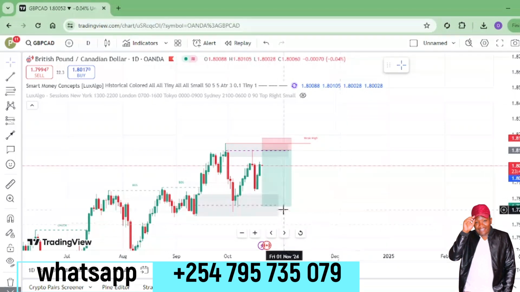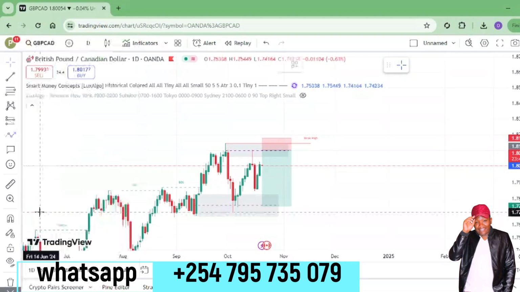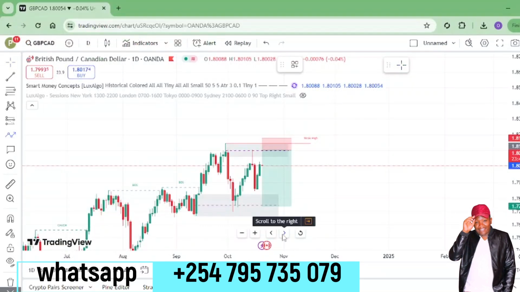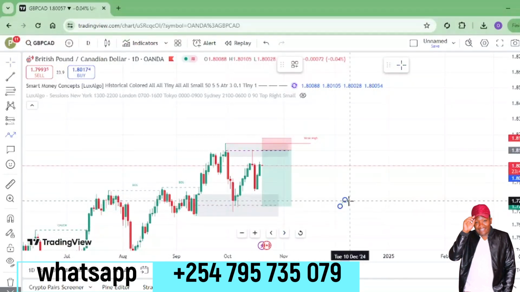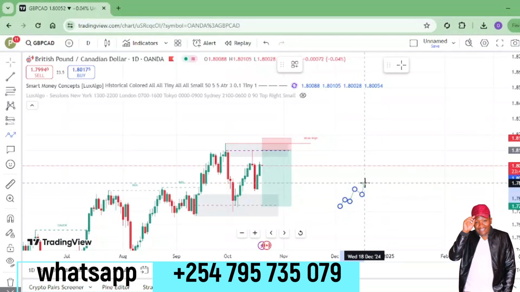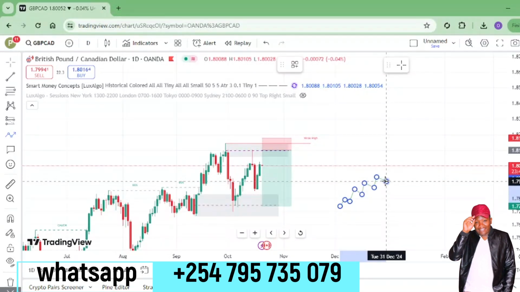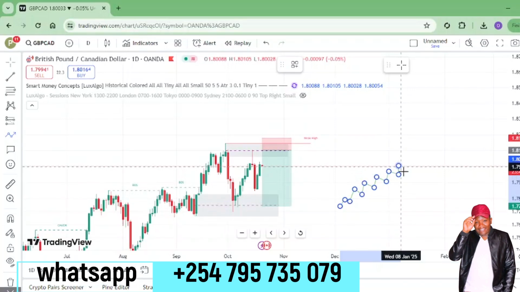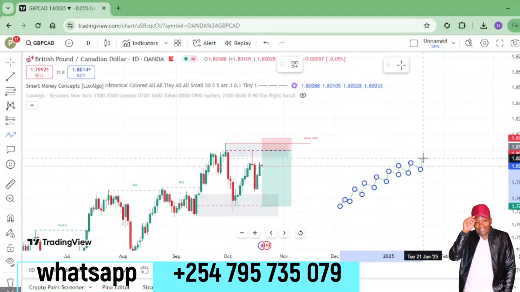Again, another secret. Maybe the market is going towards a supply. For you to know the supply will hold, the market must come slowly, collectively. If you see the market moving like this, collectively, then put your pending order on the 50% of that rectangle.